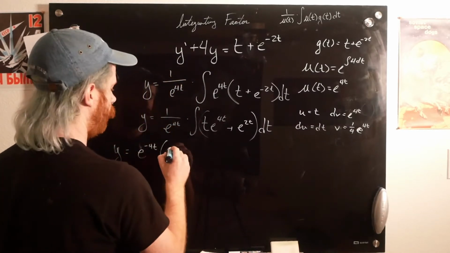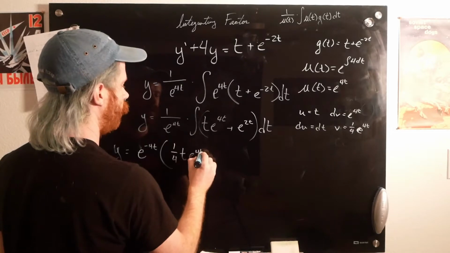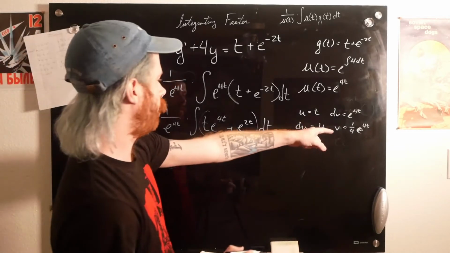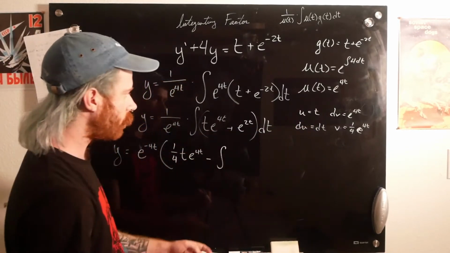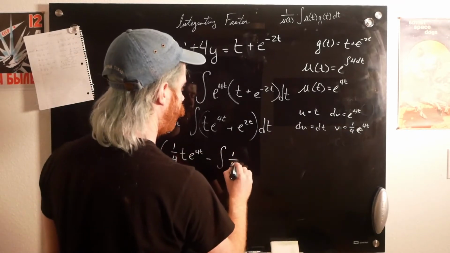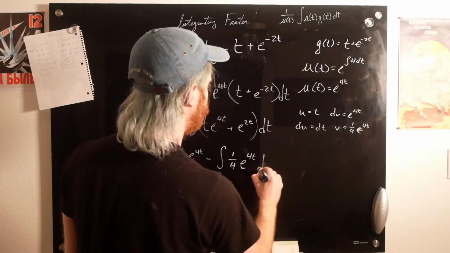So uv is going to be 1 over 4 times t e to the 4t, and then minus the integral of v du, which is 1 over 4 e to the 4t dt.